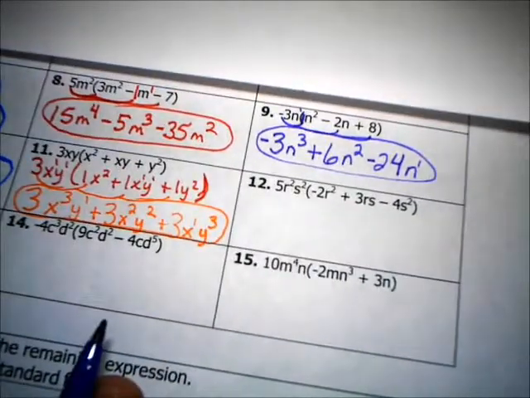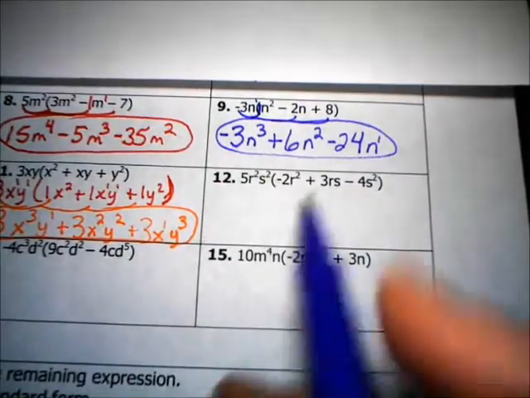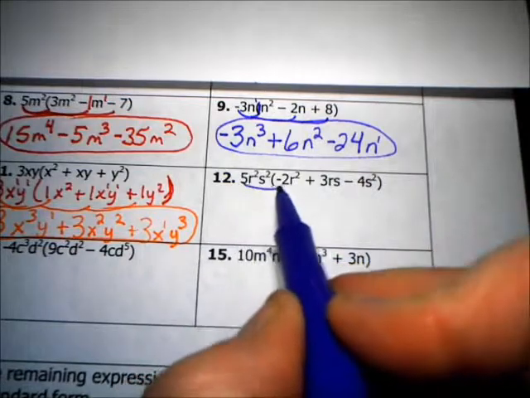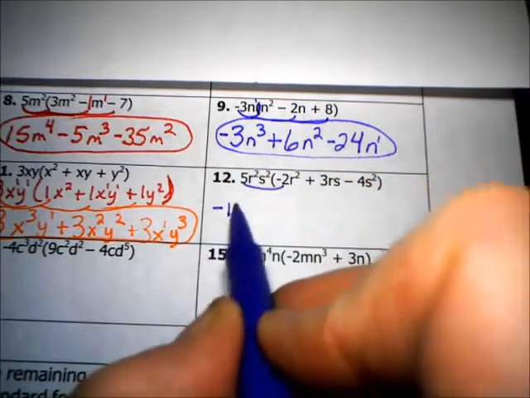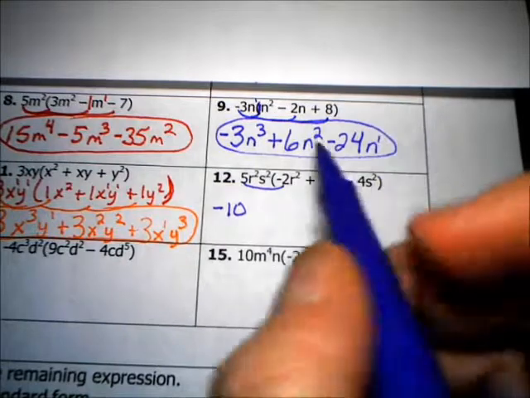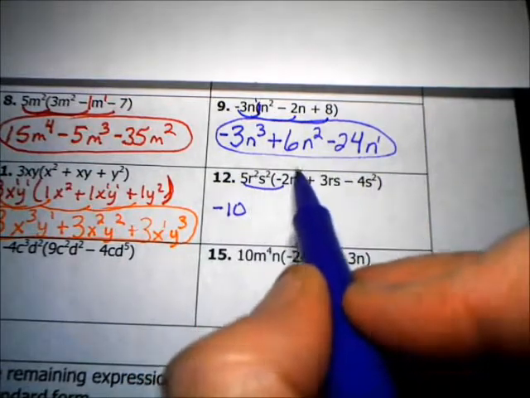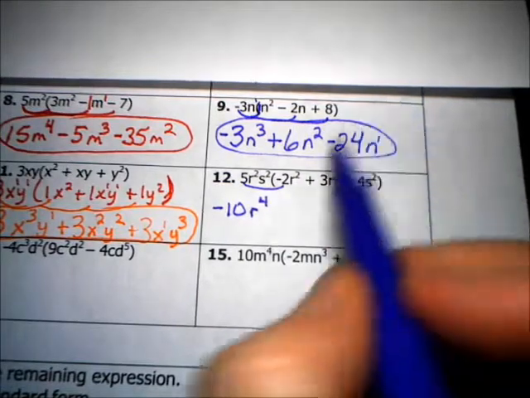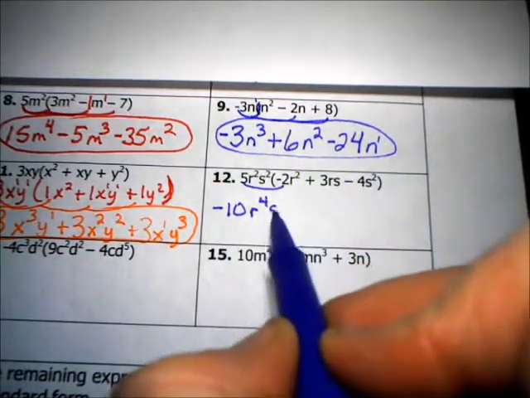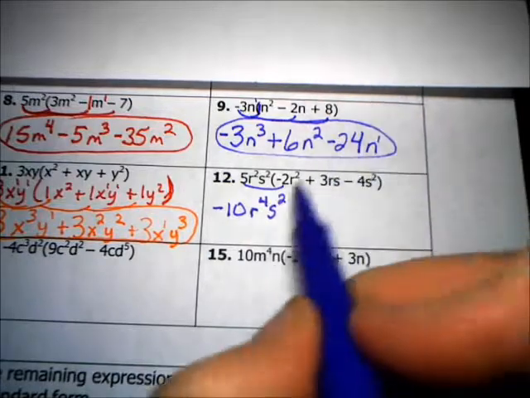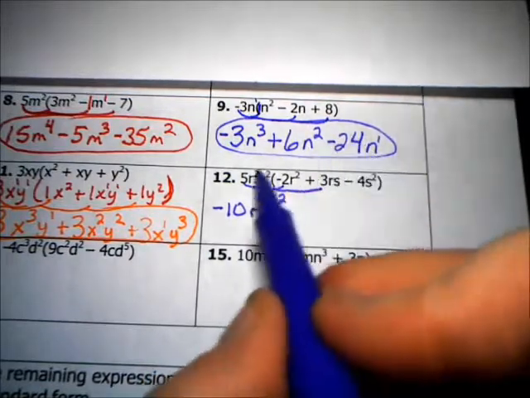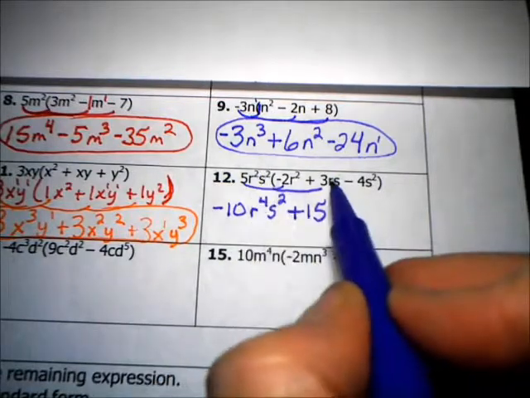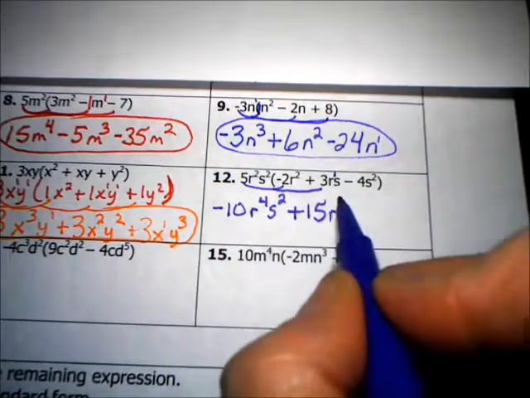Okay, on number 12, we have coefficients on everything, so we're just ready to multiply. 5 times negative 2 is negative 10. So now look at your r's. We have r² and r² gives you r⁴. s² and nothing just means you have s². Now let's go to the middle term. 5 times 3 gives you 15. r² and r¹ give you r³.